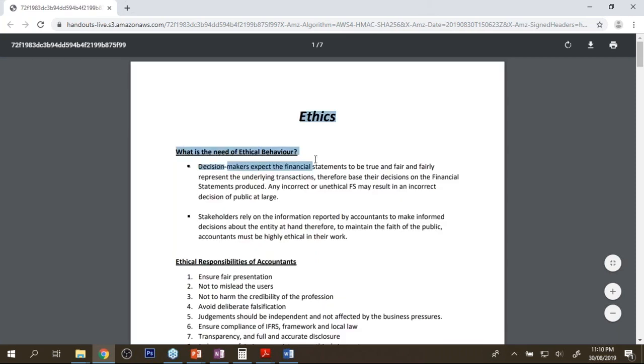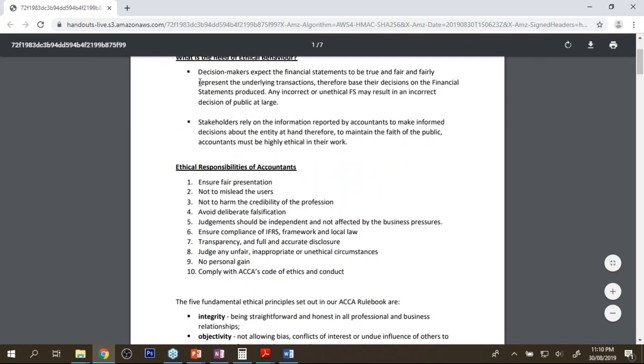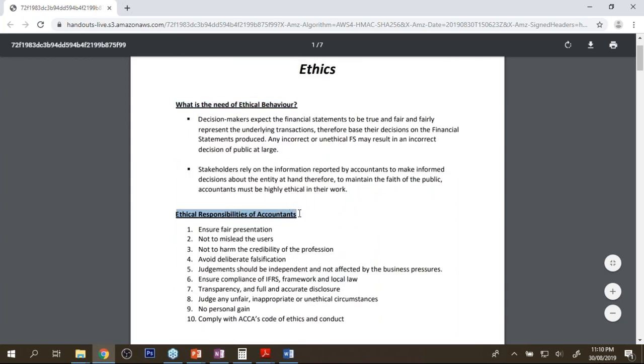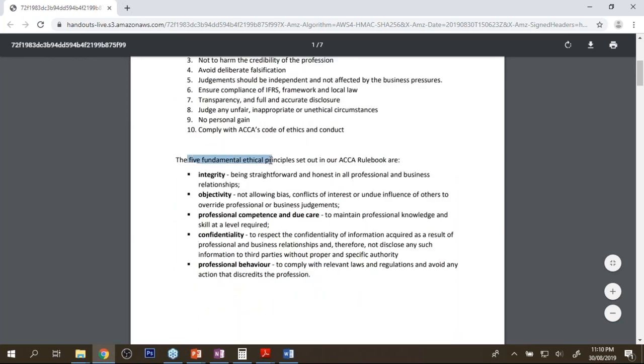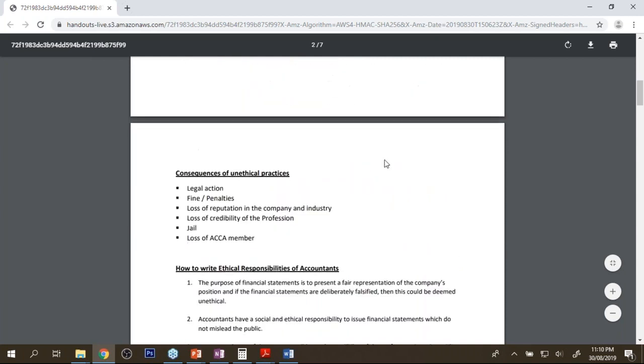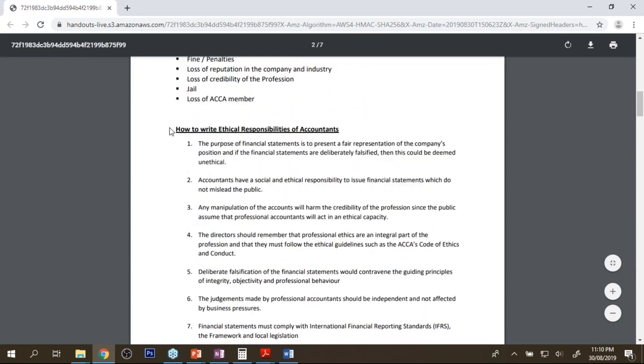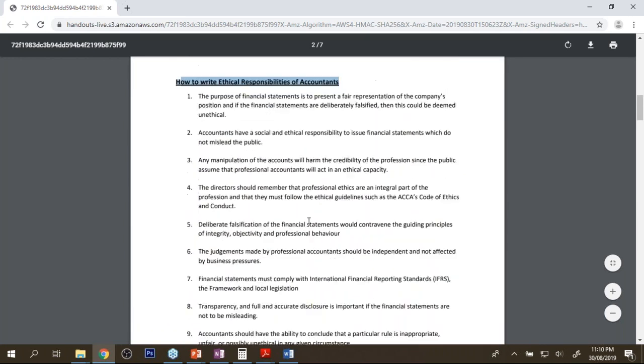So in this, I have shared the handout of ethics describing what is the need of ethical behavior, what ethical responsibilities are there of the accountant, what are the 5 fundamental ethical principles of ACCA's rule book, what are the consequences of unethical practices, and how can we write these ethical responsibilities in the exam.